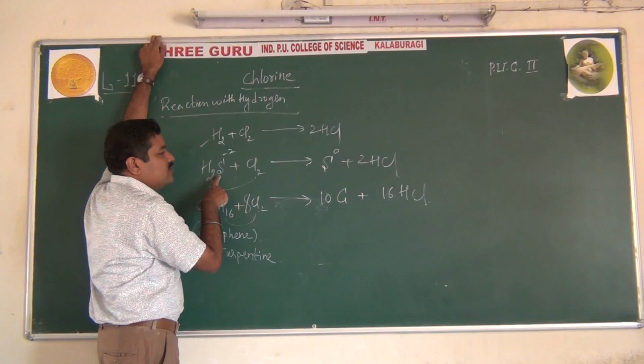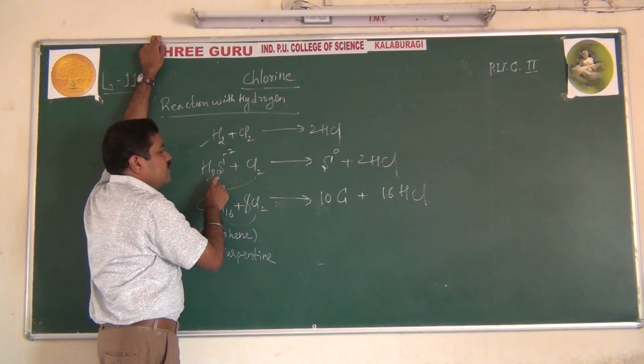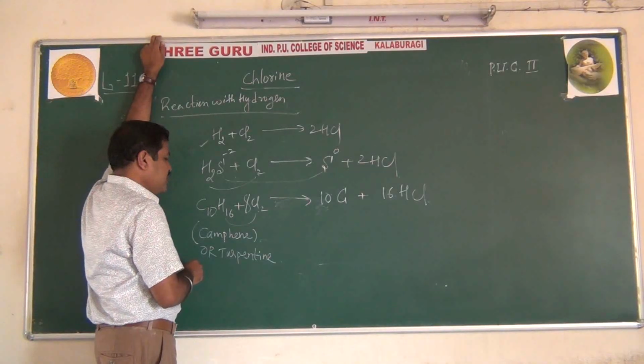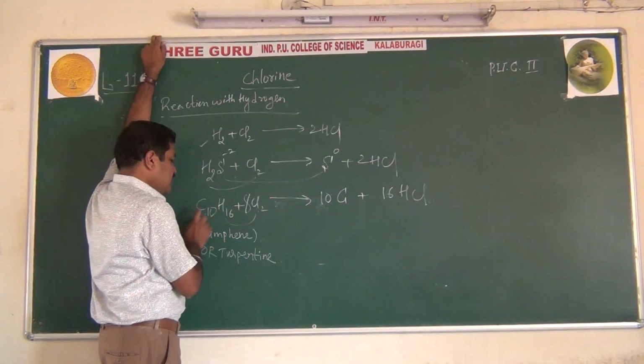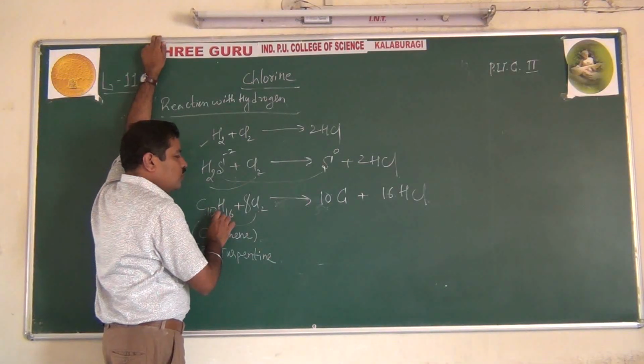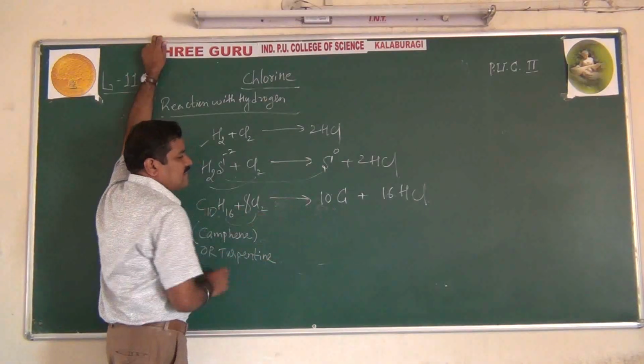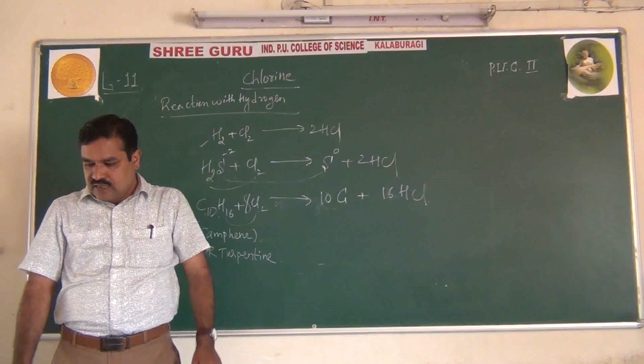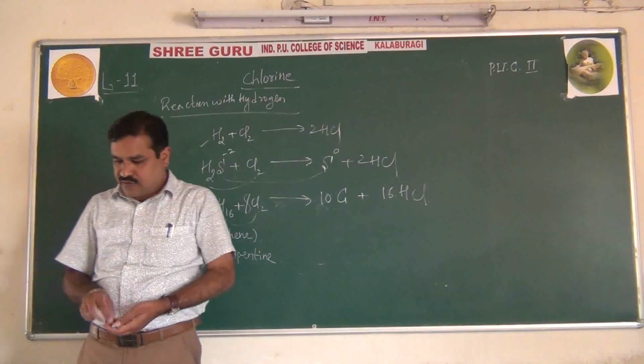Hydrogen sulfide is oxidized to elemental sulfur. Even here C10H16, once again black carbon, and forms HCl. Like this it will react with hydrogen.